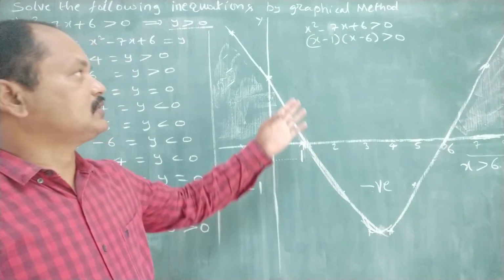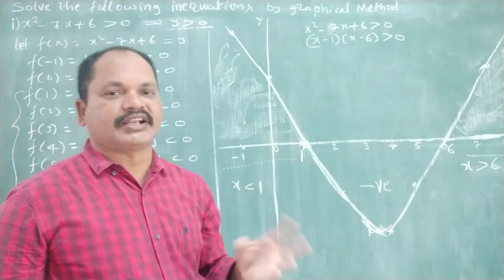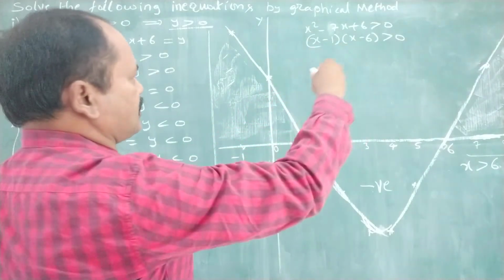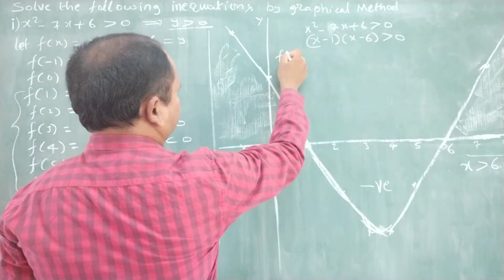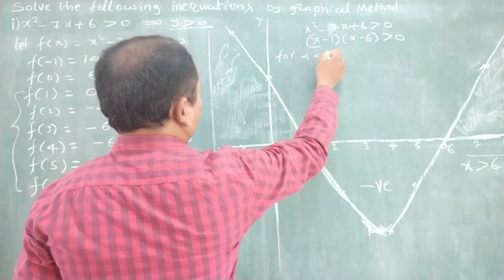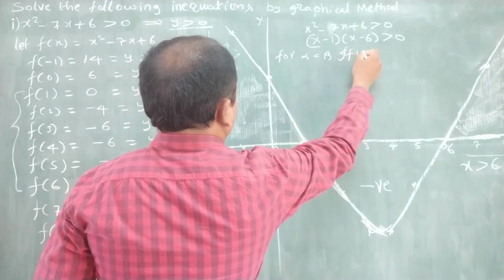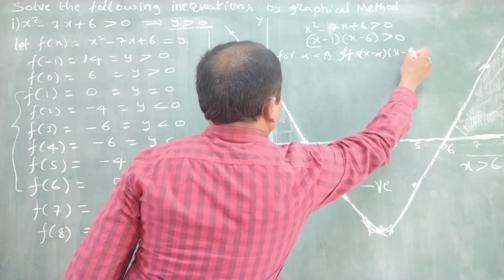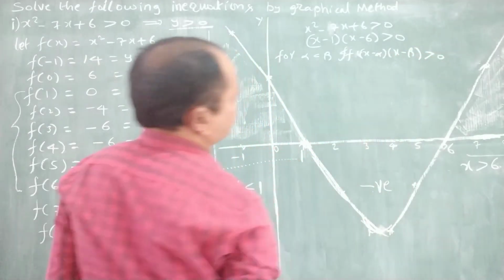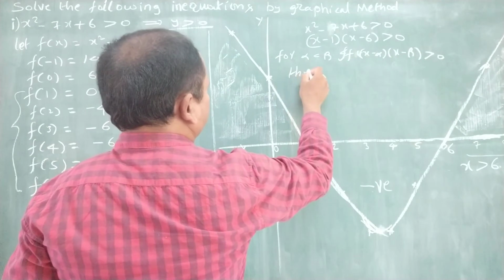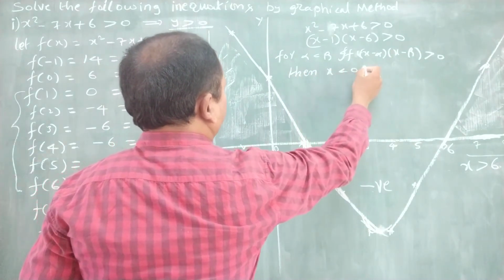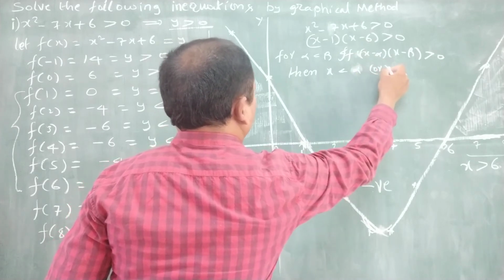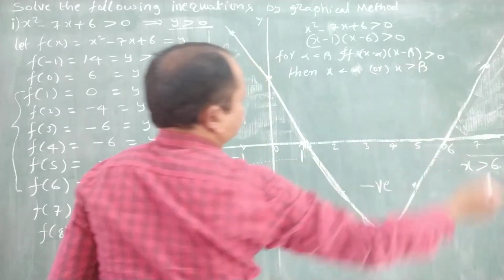That's why, observe, this depends upon the condition, where alpha is always less than beta. For alpha less than beta, if (x minus alpha)(x minus beta) is greater than 0, then x is less than alpha or x is greater than beta.